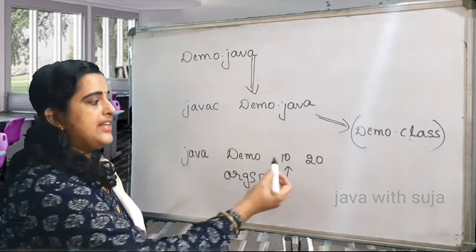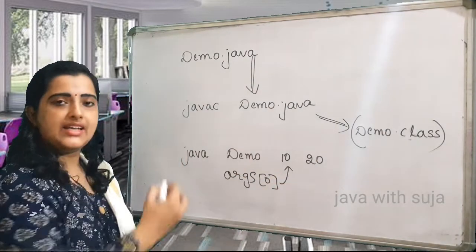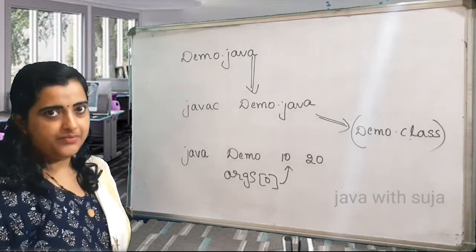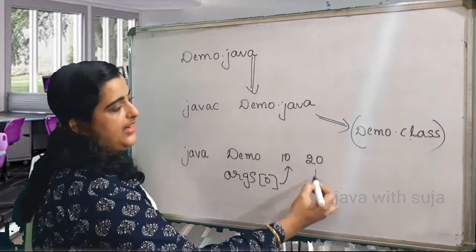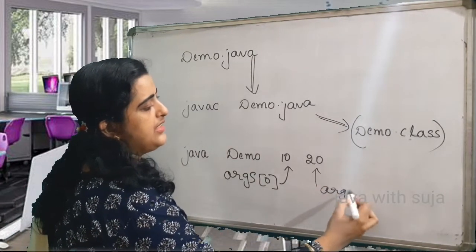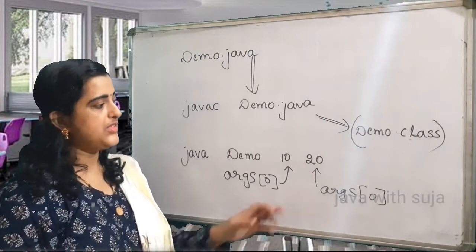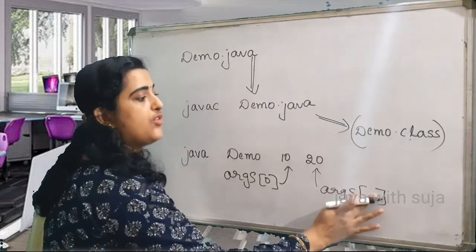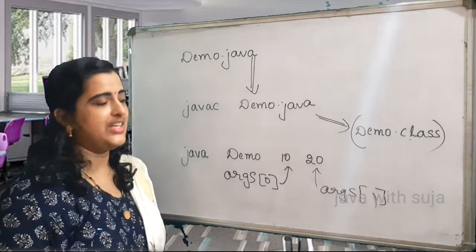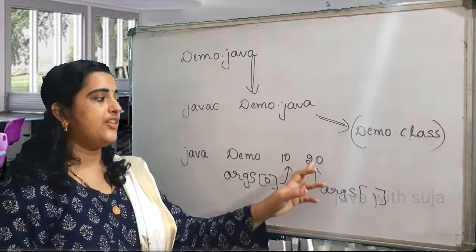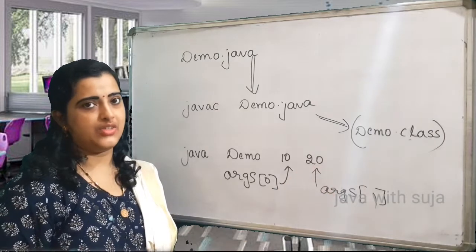In short, we can say the value 10 will be assigned to the variable a. And thereafter the value 20 will be assigned to the variable b, because we have mentioned args of 1 instead of 0. We have mentioned args of 1, thereby the value 20 will get assigned to the variable b.